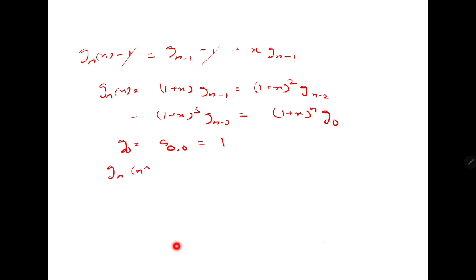It means g_n(x) is (1 plus x) raised to the power n, where the coefficient of x raised to the power k, which we are looking for, a_n,k, is simply C(n,k), which is the required answer.